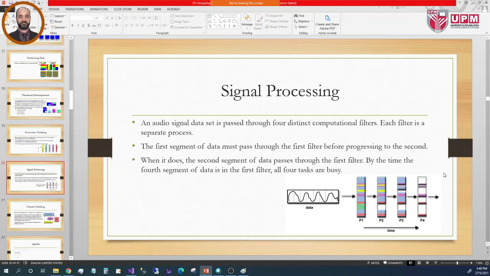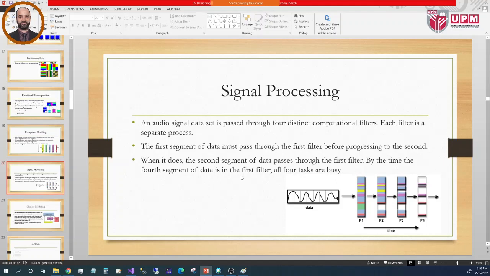But if the output of the first filter is the input of the second filter, then maybe we need to chunk the signal. We take the signal, which is the data, right, and break it into many chunks, and we give every chunk to a different thread. Then that thread will run the sequential filtering using the 4 filters as in the diagram here.